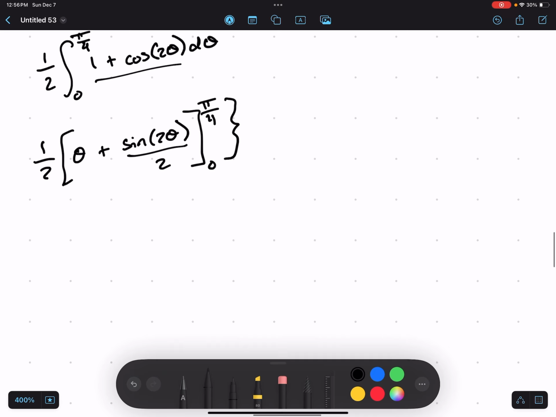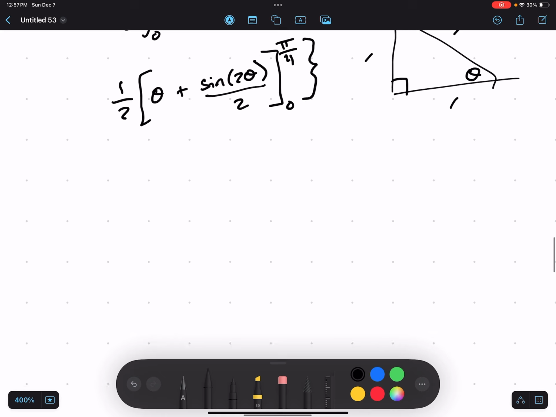Which is a very basic trig sub thing when you are dealing with an indefinite integral. We usually have to draw a triangle, we have to solve for one of the sides, and then using that we can determine what theta is in each of these instances. But because we're using bounds, and we've converted our bounds from x to theta, we can now just directly plug in these bounds into the values for theta and get our results.